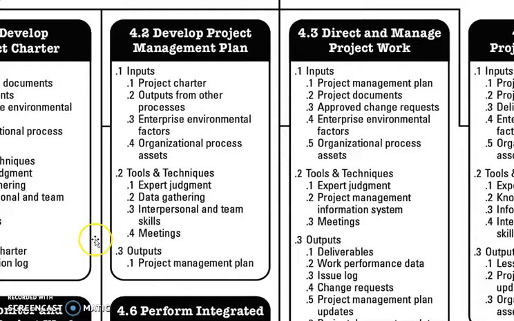That is an input for direct and manage project work. Then approved change requests. Changes may come at any time, so these changes have to be forwarded to the change control board. After approval, they will be an input to direct and manage project work. The fourth one is enterprise environmental factors, and the fifth one is organizational process assets. That is already explained; these two items come with every process.